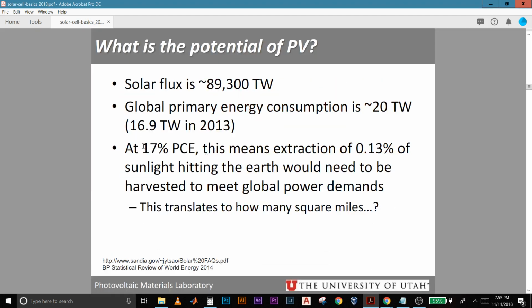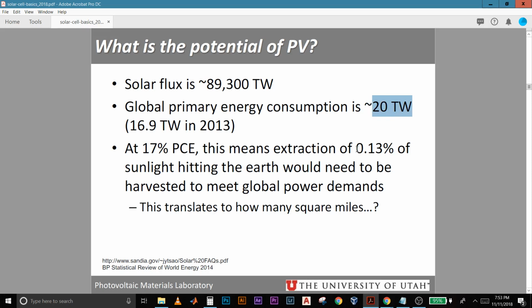So at 17% power conversion efficiency, if we are able to extract only about 0.13% of the sunlight which is hitting the earth, say 0.13% of 90,000 times 17% of that, we would be able to fulfill the entire global primary energy consumption of 20 terawatts.